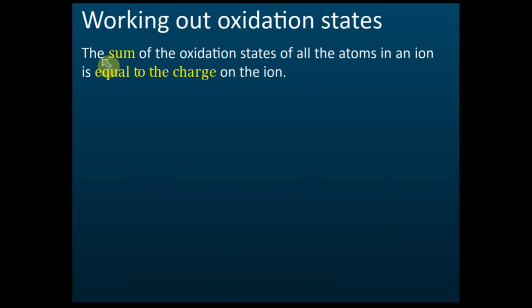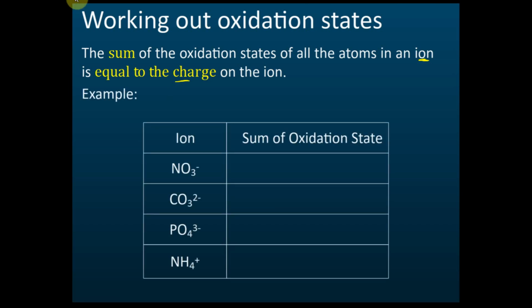The sum of oxidation state of all the atoms in an ion: just now it was a neutral compound, but this is an ion. If it's an ion, then the sum of the oxidation state is equal to the charge. For example, nitrate: what's the sum of the oxidation state?